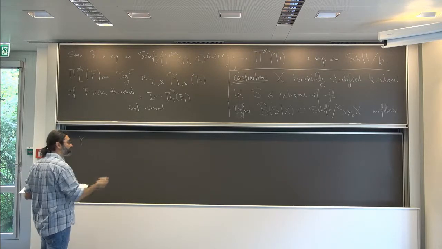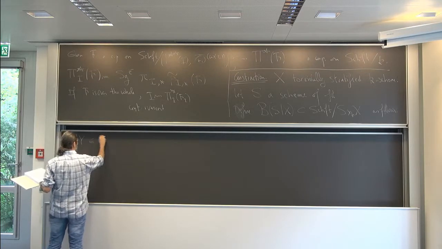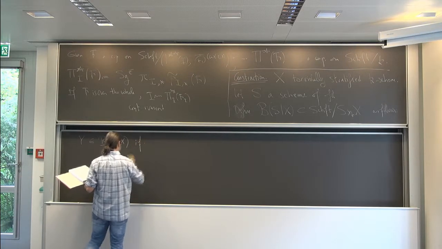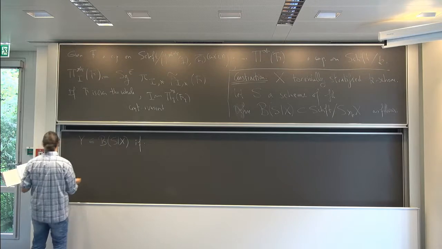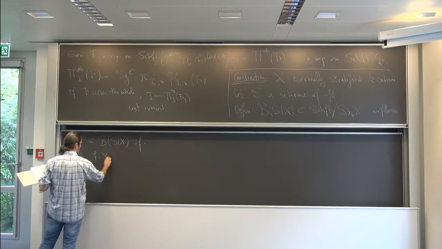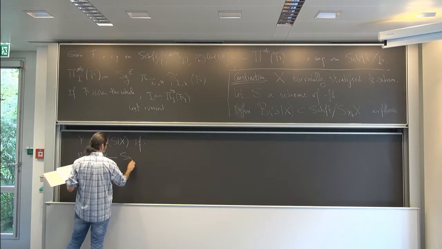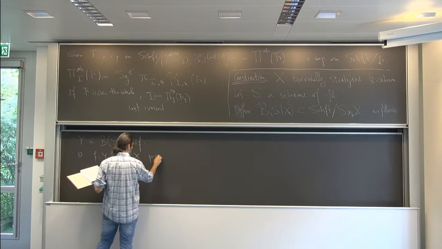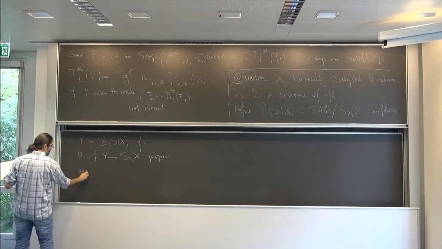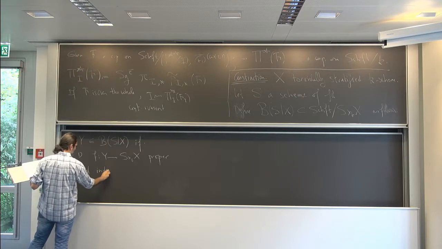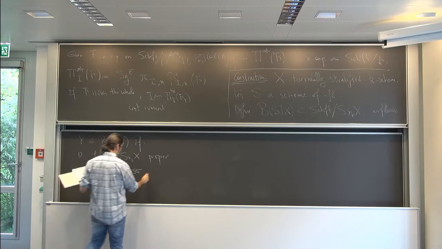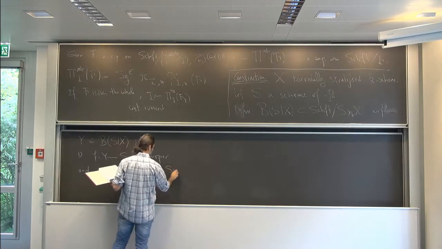A scheme over this product will be in this category if the following hold. I want the map from Y to S times K_X to be proper, of course, and to induce an isomorphism over S times the open stratum.